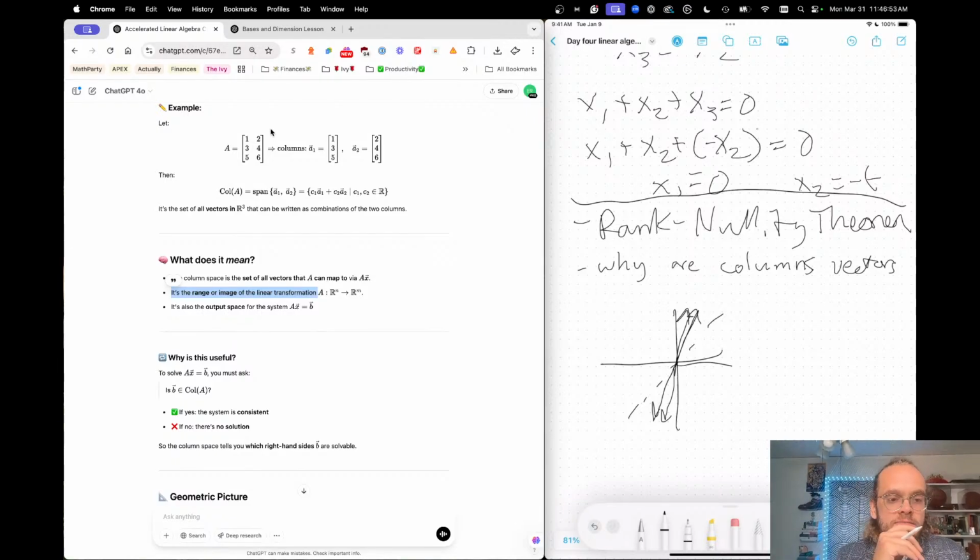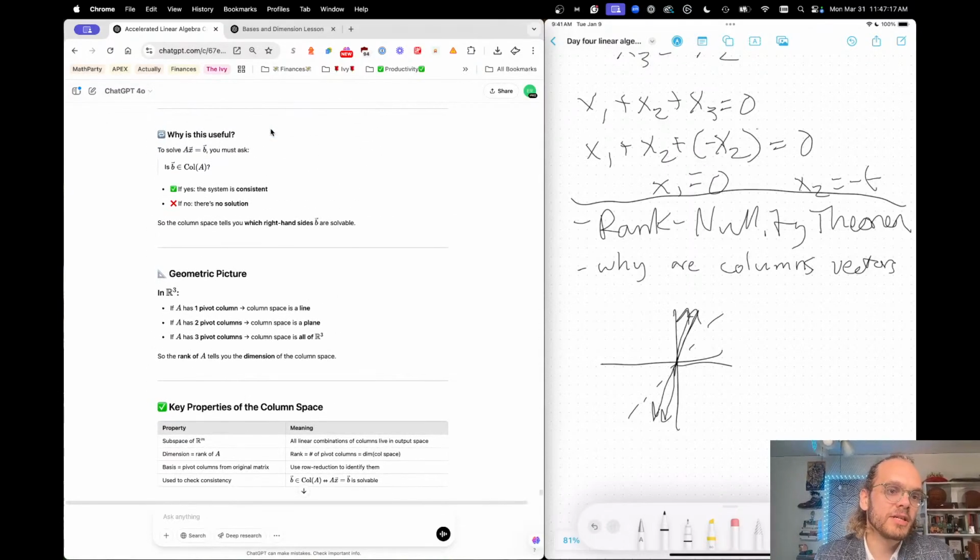Hard to visualize that. So the column space is the set of all vectors that can be reached, and it's the range or image of the linear transformation of A when you go from an n-dimensional space to an m-dimensional space. It's also the output space for that.